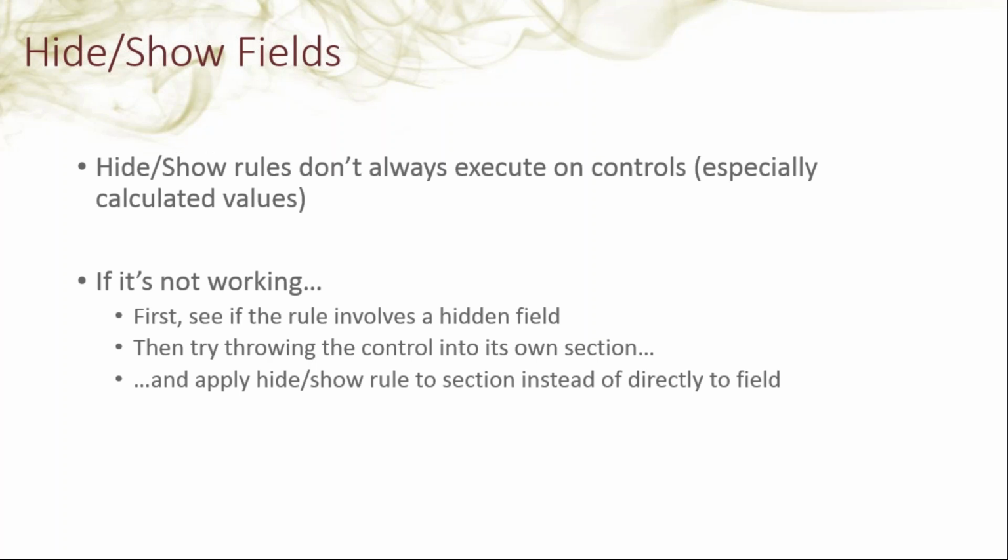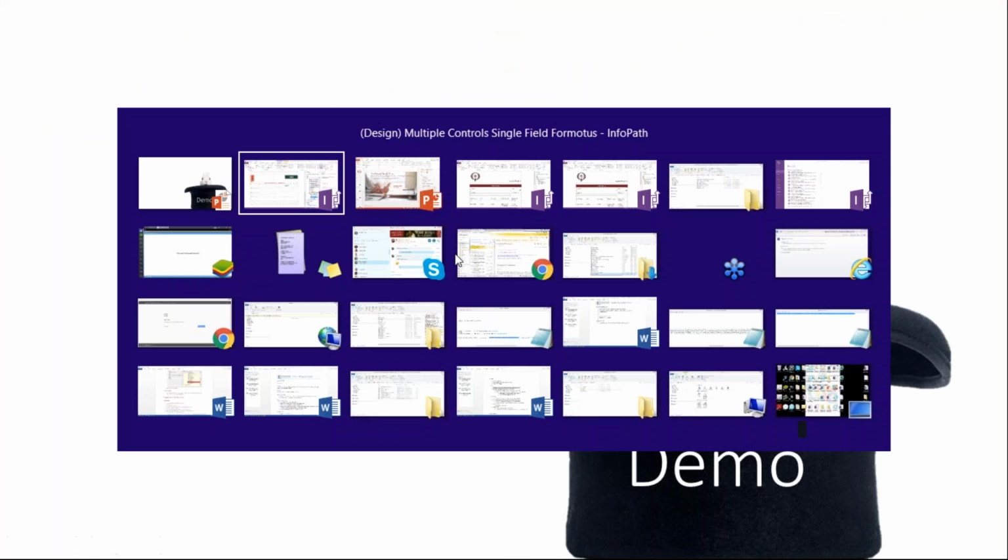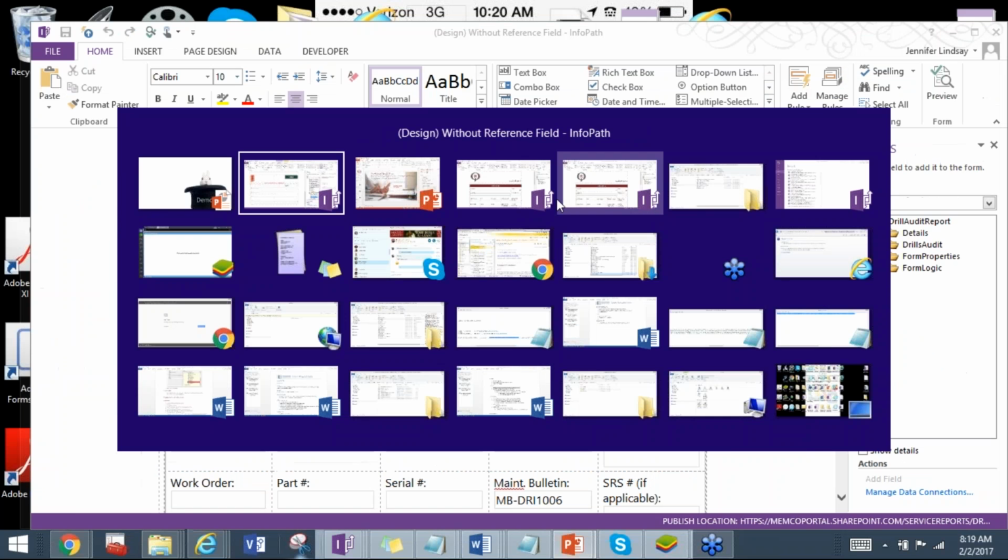If it does, definitely make sure that hidden field is on the form in that form logic section I just showed you. If the hide show rules still aren't working, try dragging that control into its own section and apply your hide show rule logic directly to the section instead of directly to the field. So let me give you a quick demo of that.